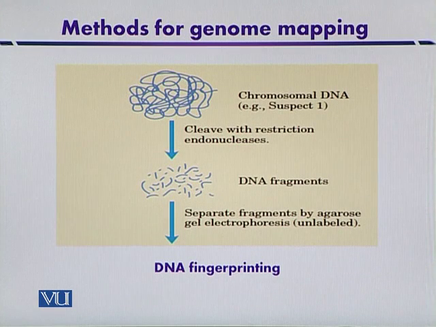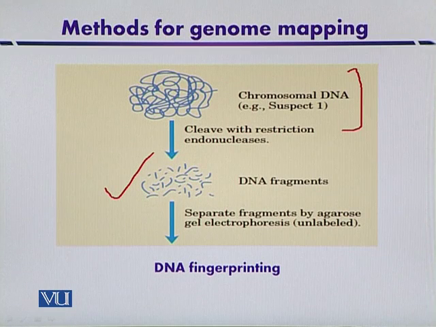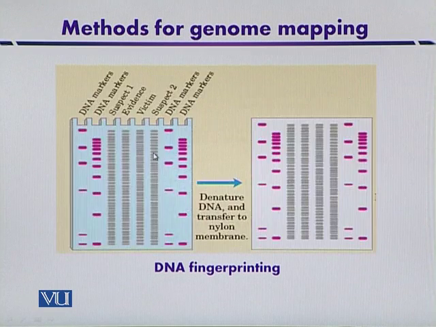Suppose here we have a chromosomal DNA, indicated as suspect 1, and it is digested with a restriction enzyme so that we have a variety of fragments, and then in the next diagram these fragments can be separated on the gel from different sources.